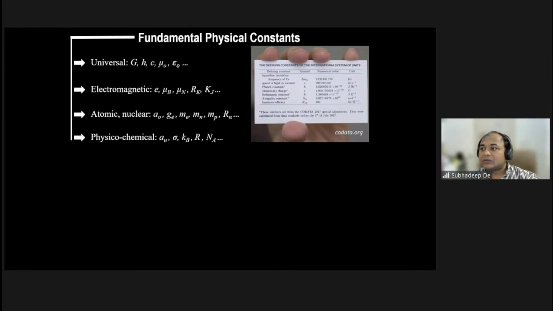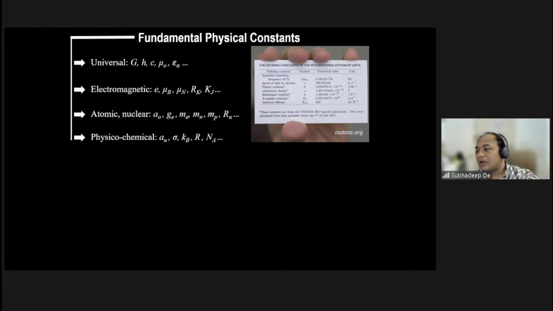Then there are some constants which come from electromagnetic interactions, like the charge of the electron, the Bohr magneton, the nuclear magneton, and so on. Similarly, many from atomic and nuclear physics, like the Bohr radius, the Landé g-factors, the proton mass, the neutron mass, and so on. There are fundamental particles too.